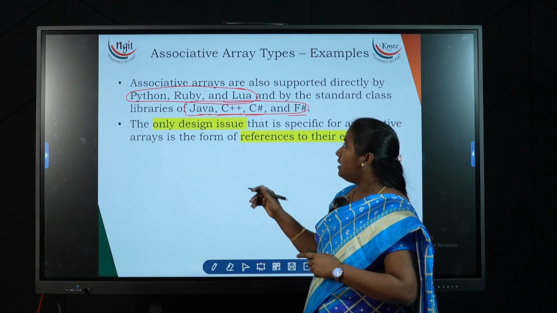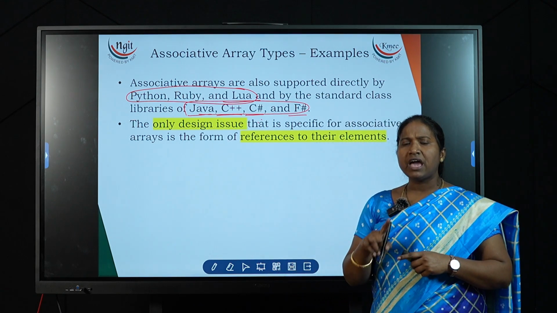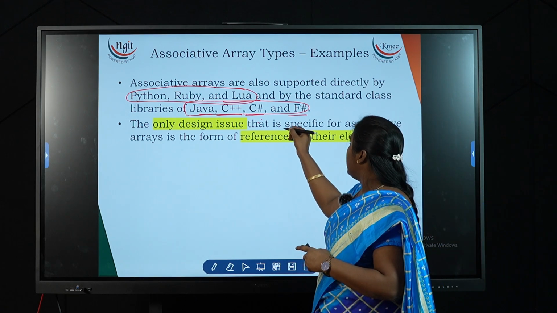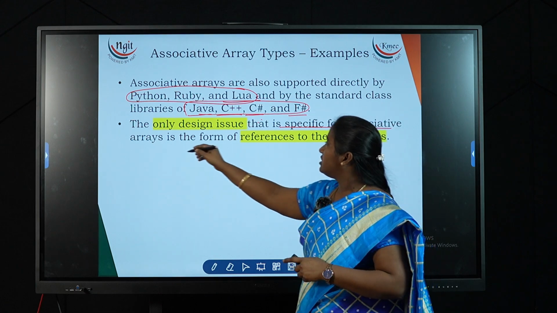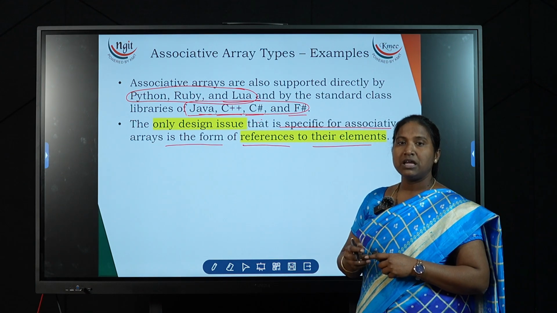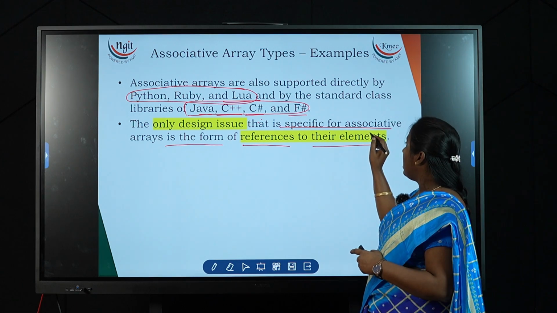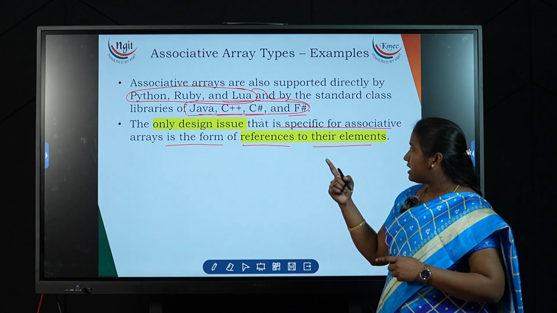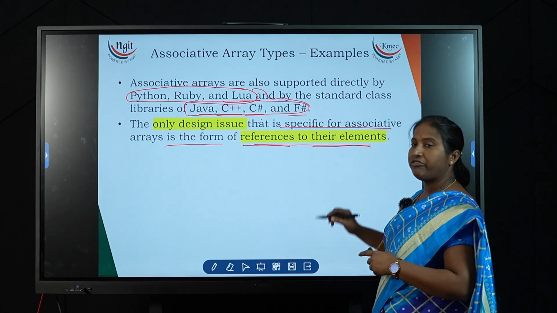Here we have only one design issue to look at. The design issue specific to associative arrays is the form of references to their elements. We'll concentrate on how these languages support associative arrays with respect to the reference of elements.